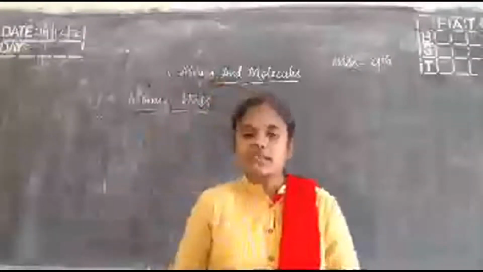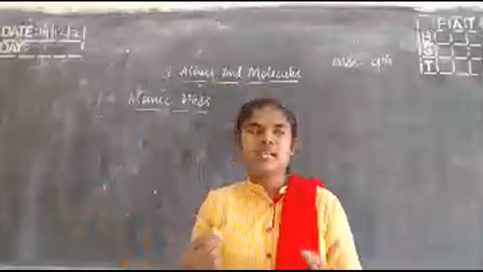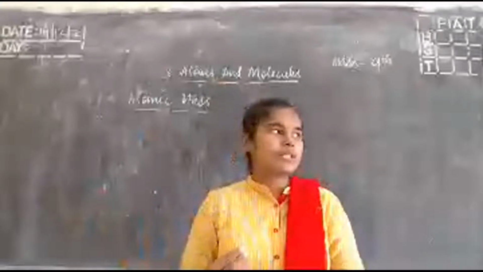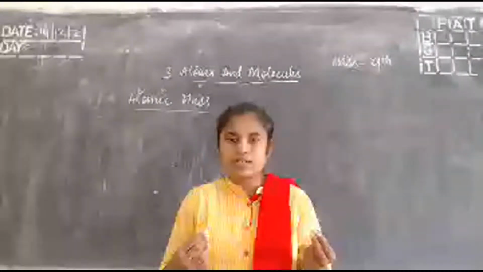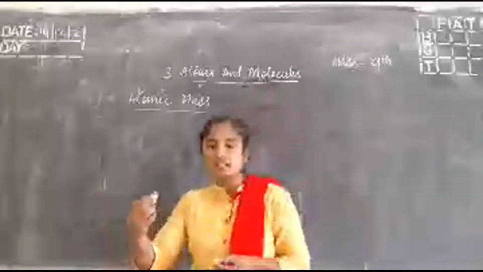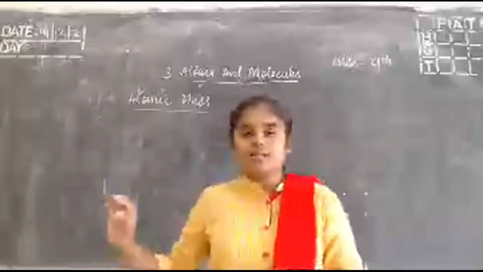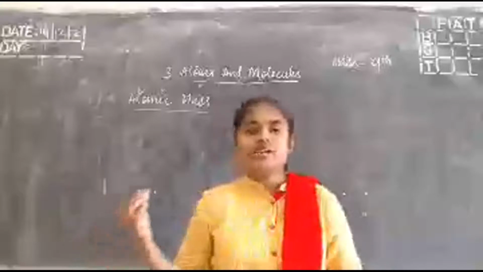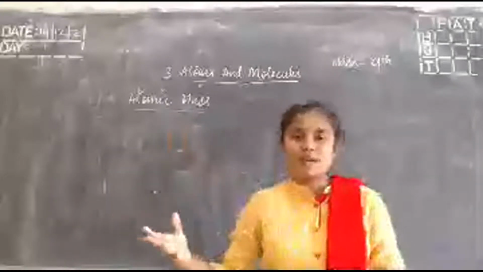But an atom is a very tiny particle. If we measure with the unit kg, you could see that the atom is very small and that unit would be very big.